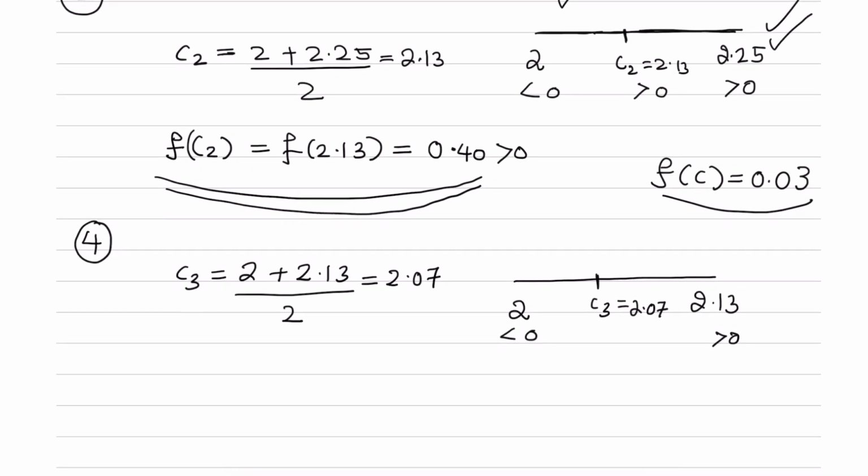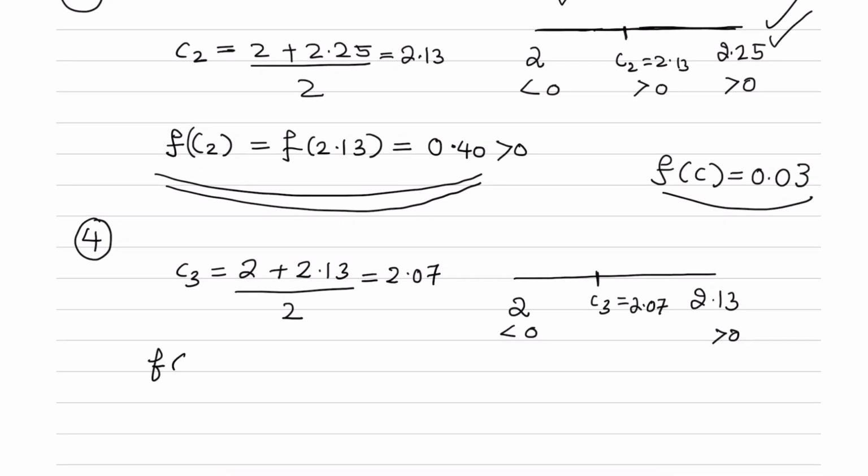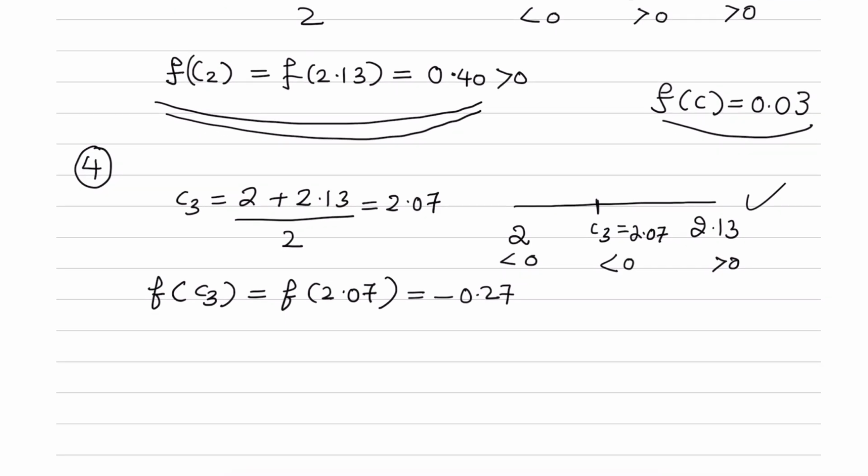Again, every time you bisect an interval, you find the value of the function at that point. We find f of 2.07, and using the calculator we will get minus 0.27. So back to this interval. At 2.07 the functional value was negative, so we are putting the negative sign.